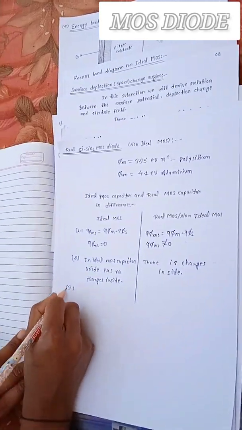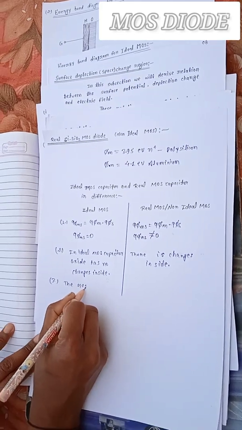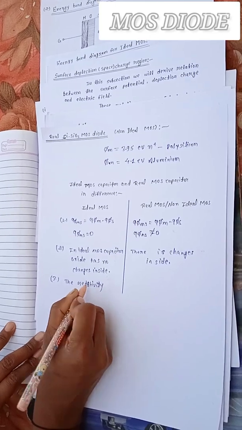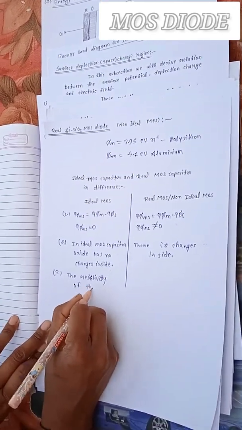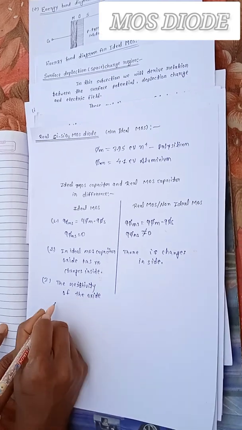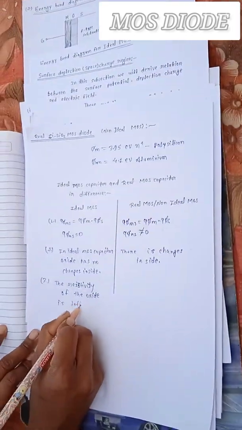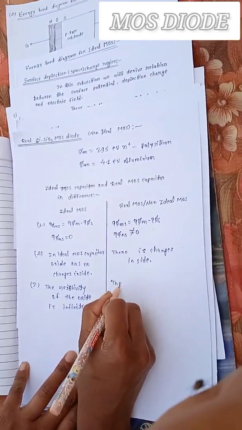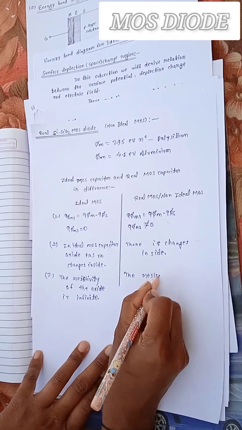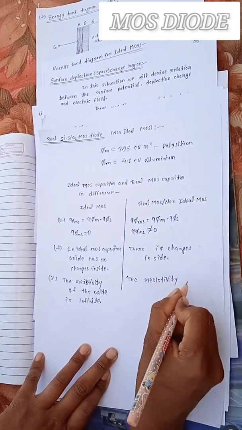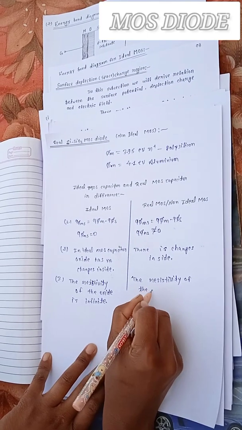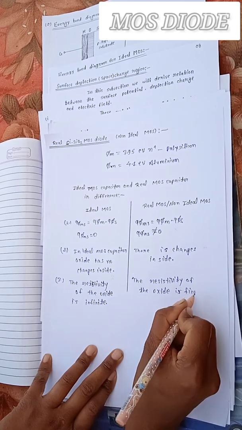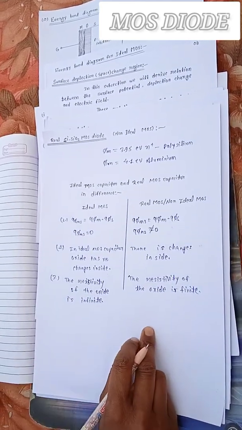And the third condition: in the ideal MOS, the resistivity of the oxide is infinite, and in the real MOS capacitor, the resistivity of the oxide is finite.